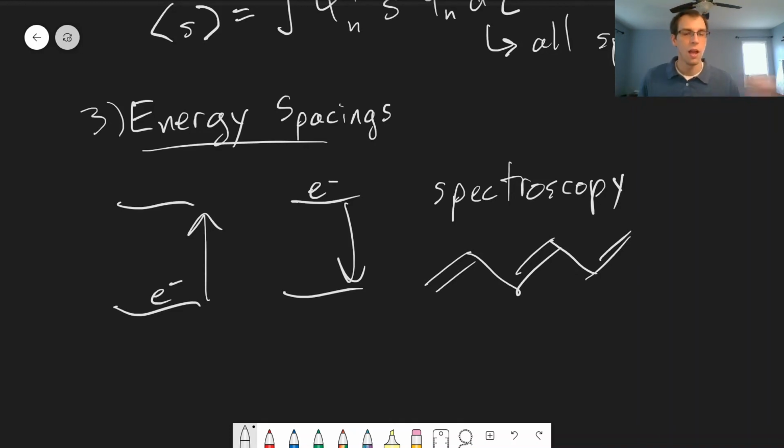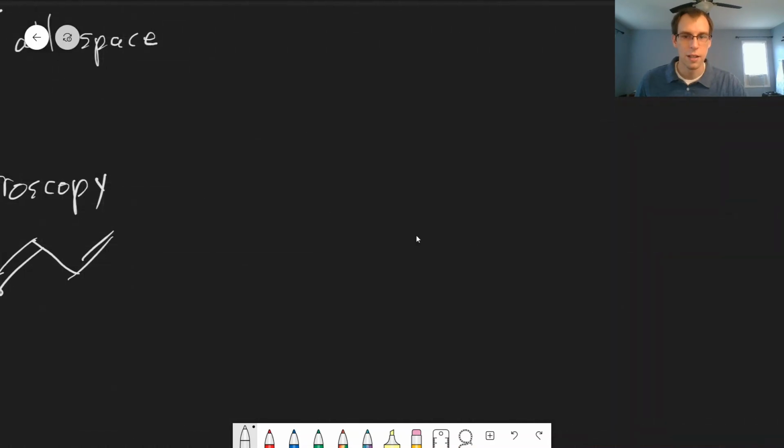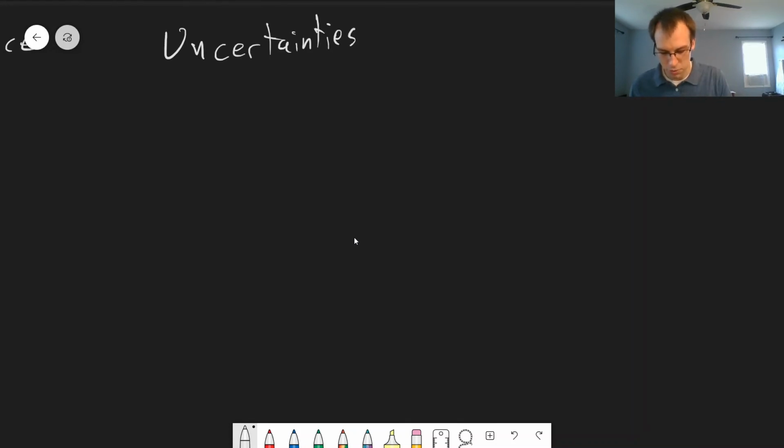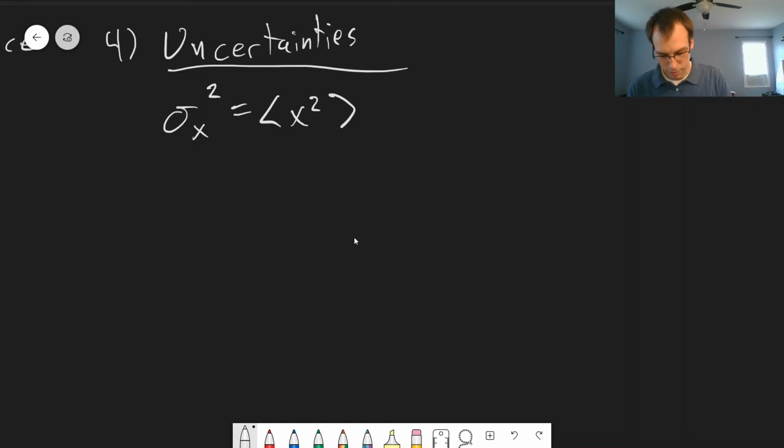One of the other things that we can do is look at uncertainties. When we have the expectation values, we can look at the uncertainties, in the sense of the uncertainty principle, right? How well do we know these values? The variance in a given observable, say x, is given by the expectation value of x squared minus the square of the expectation value of x.